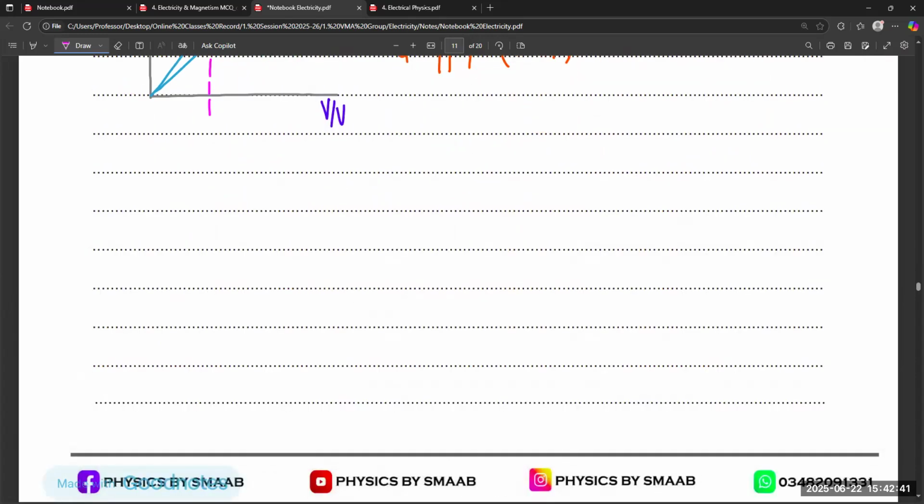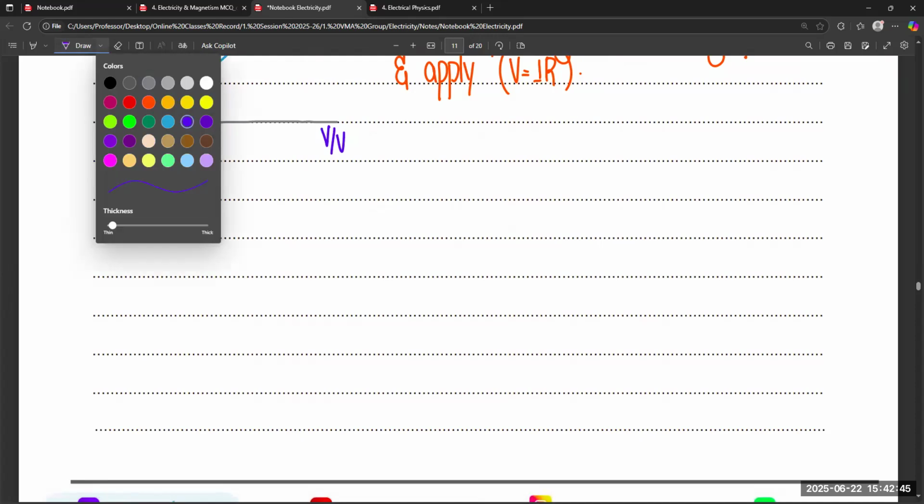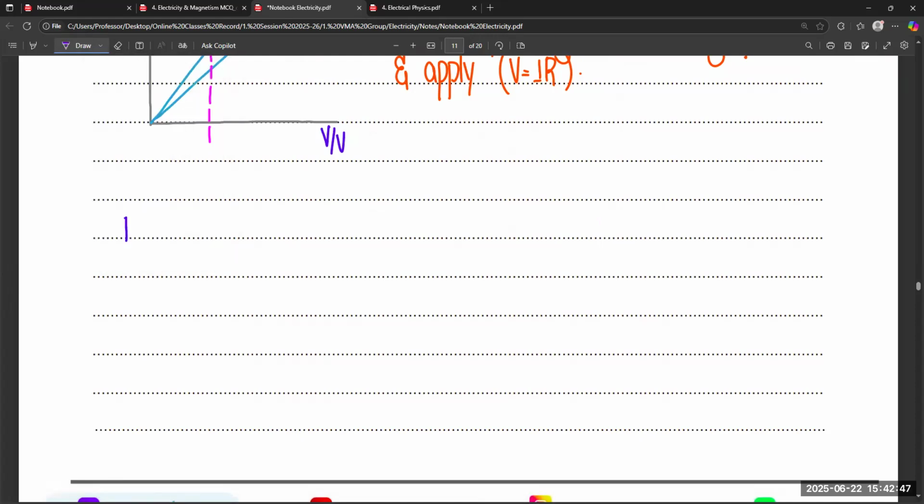For non-ohmic conductors, there are different types.